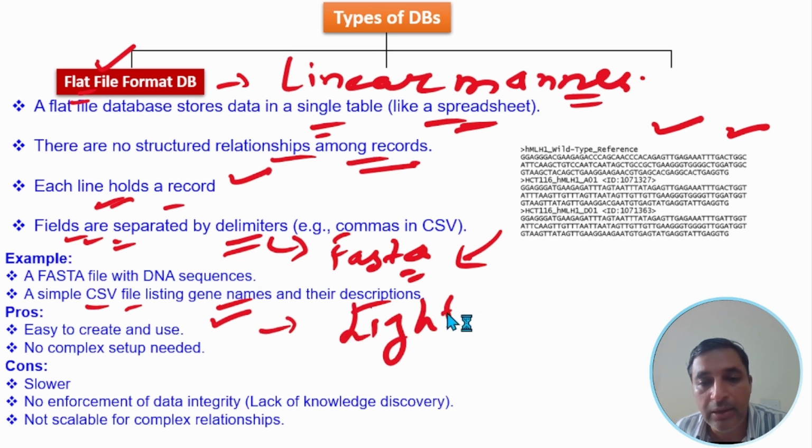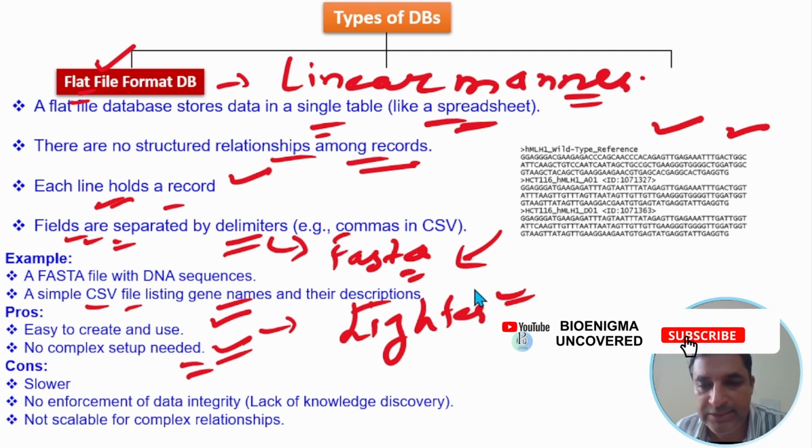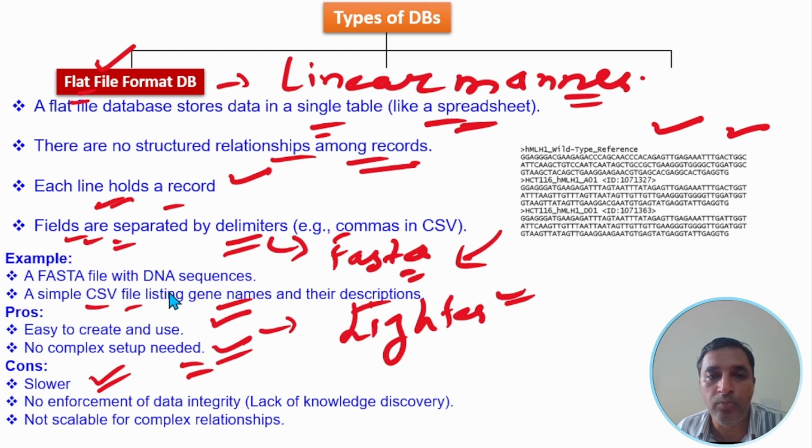They are lighter in terms of storage, and no complex setup is required for forming such flat file databases. However, there are certain drawbacks. First, they are slower. How do they become slower? As you add more information or more fields within a flat file database, it becomes slower. Another drawback is the lack of knowledge discovery, as there is no enforcement of data integrity.